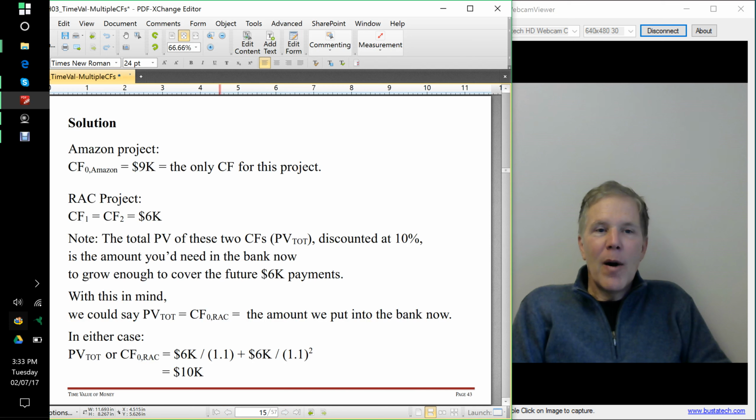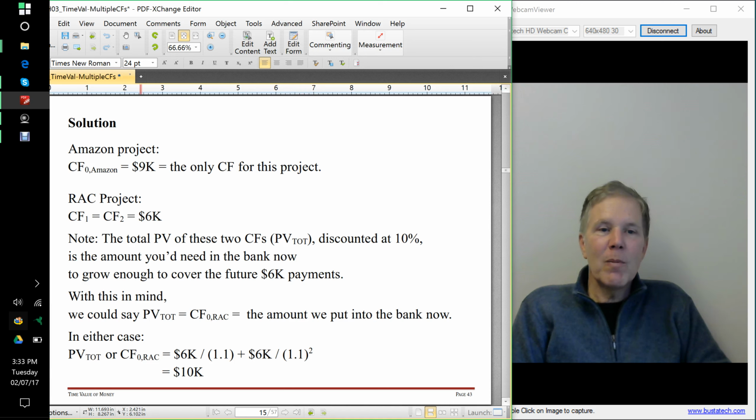So what we'd want to do for the Rent-A-Center project is put an amount in the bank now, which will be PV tote or CF0, that is large enough so that one piece of that will grow to 6,000 in 1 year, and another piece of that will grow to 6,000 in 2 years.